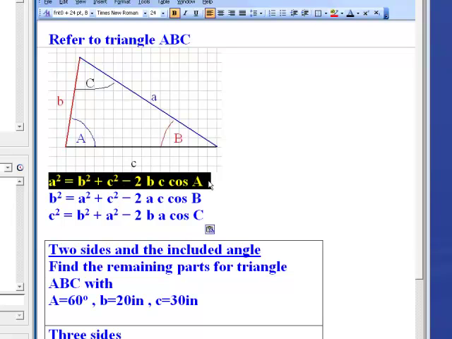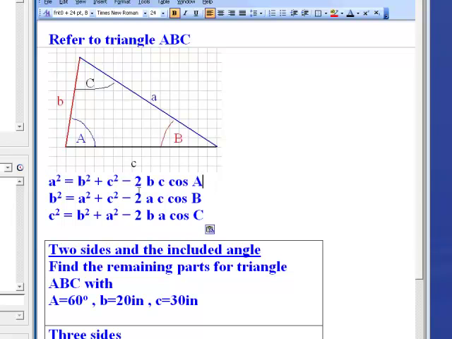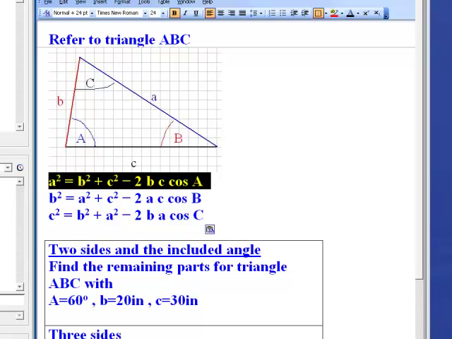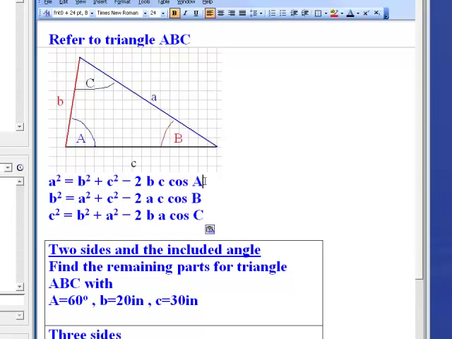Those three parameters could be all three sides, a, b, and c, and then we calculate the angle. That's what we're going to do in the second example. It can also be that two sides are given and one angle. For example, a and b are given, and the angle a is given, and we have to determine the angle c.